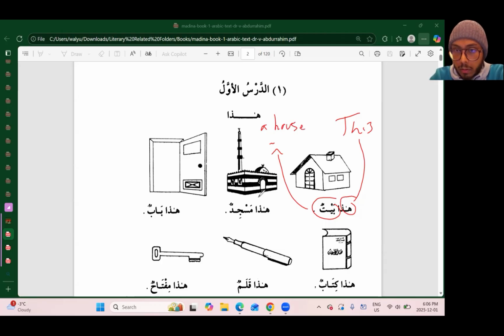As you can see, we're missing something, which is "is." And that's because there isn't any word for is in Arabic. It just doesn't exist as a concept. So if you're gonna literally translate it, you would say this, a house. But obviously, when you actually translate it, you say this is a house.